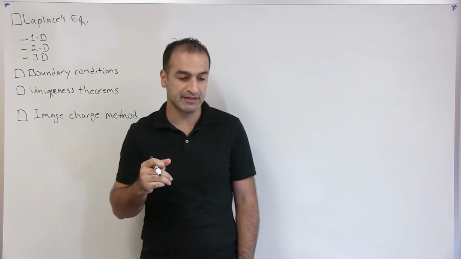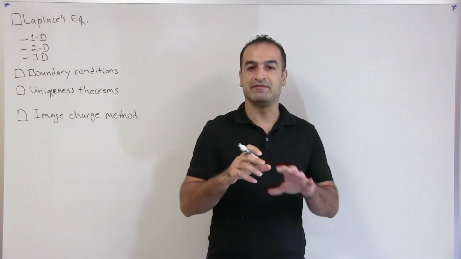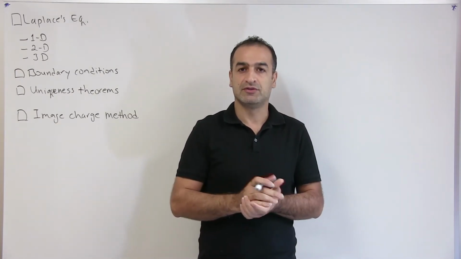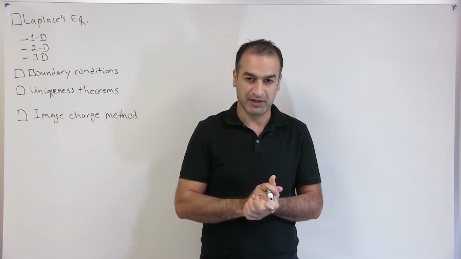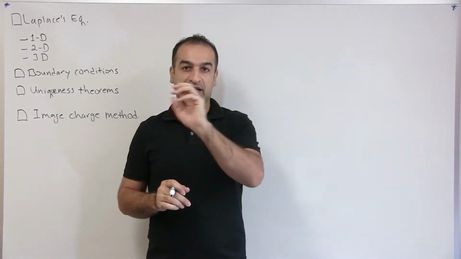The other method is very mathematical, and that's actually beautiful: the method of separation of variables. As I said, you solve Laplace's equation in 2 or 3 dimensions, and you have a potential which is a function of x, y, and z in space.